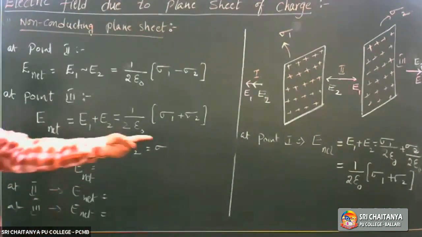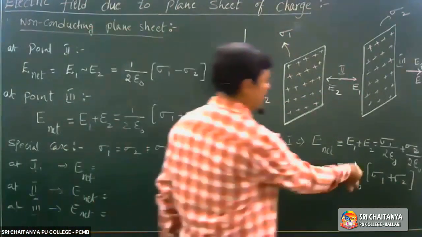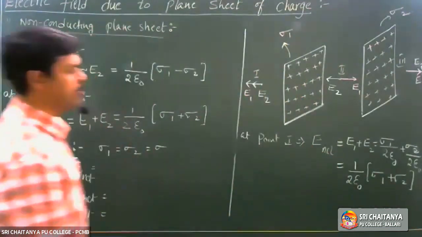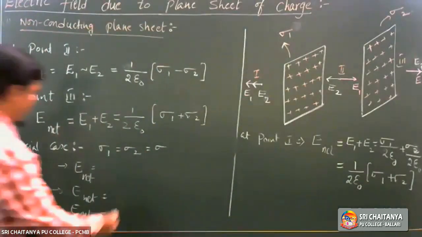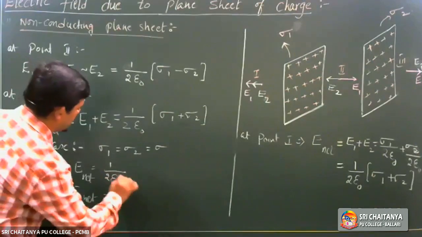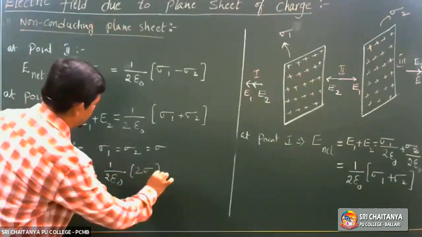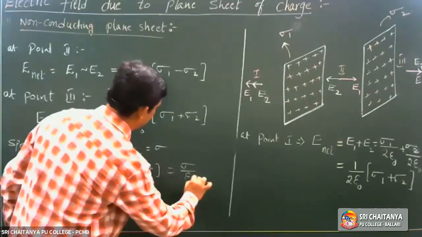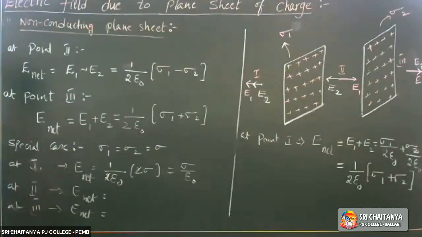See there at point 1, it is 1 by 2 epsilon naught sigma 1 plus sigma 2. If sigmas are same, then what happens? 1 by 2 epsilon naught into 2 sigma, that is sigma by epsilon naught, right?